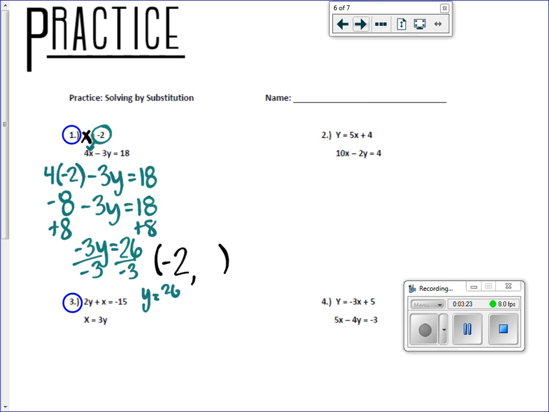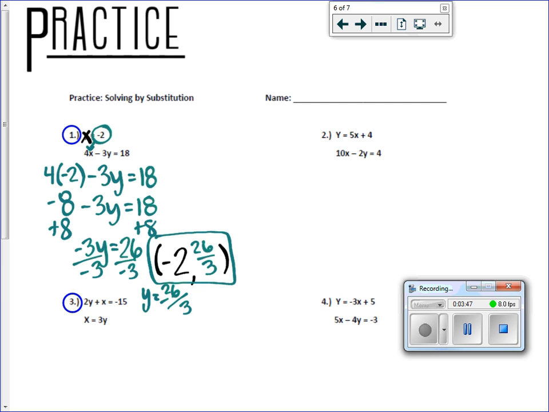Y is negative 26 thirds. That is okay. We have a fraction answer. We're going to leave it as a fraction though, because it can't become a nice, pretty decimal. Okay. So now we have one equation where it's telling us a letter equals a number.